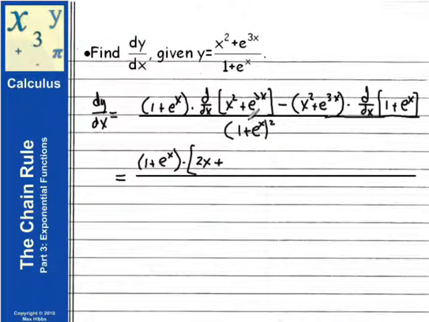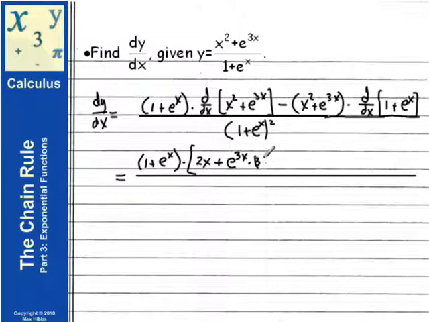Now, finding the derivative of e to the 3x means having to use the chain rule again. And remember, the derivative of e to a power is e to the same power, but then times the derivative of the power. And in this case, the derivative of the power 3x is simply 3.